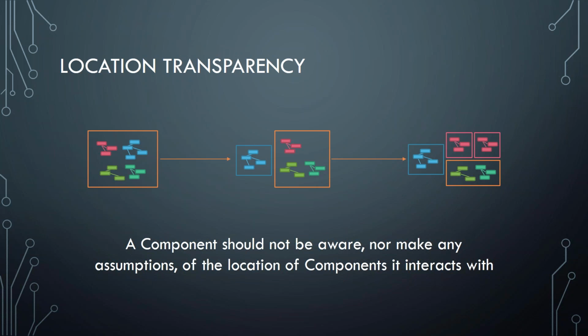You can imagine if the pink or purple component is aware of the fact that the blue component is in the same deployment unit, as is the case in the left part, then you wouldn't be able to extract that blue component, because suddenly your application will start behaving differently.